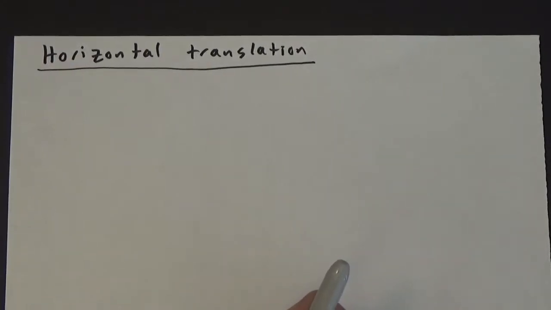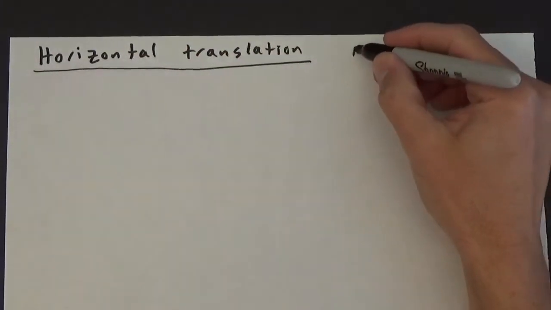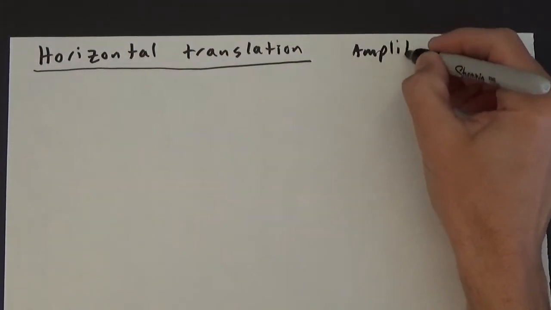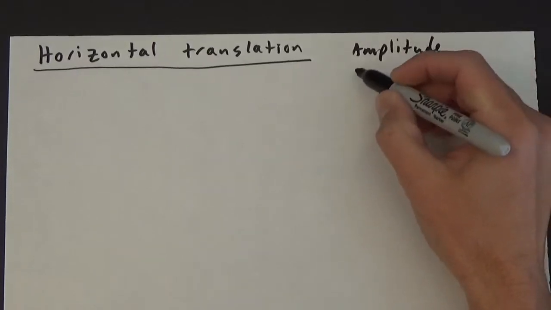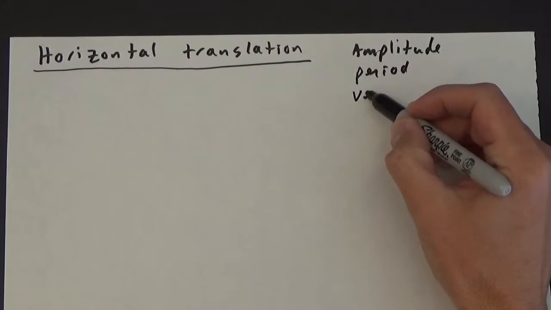So in previous videos, we've looked at how to modify the shape and location of a sine or cosine graph by using amplitude, period, and a vertical translation.